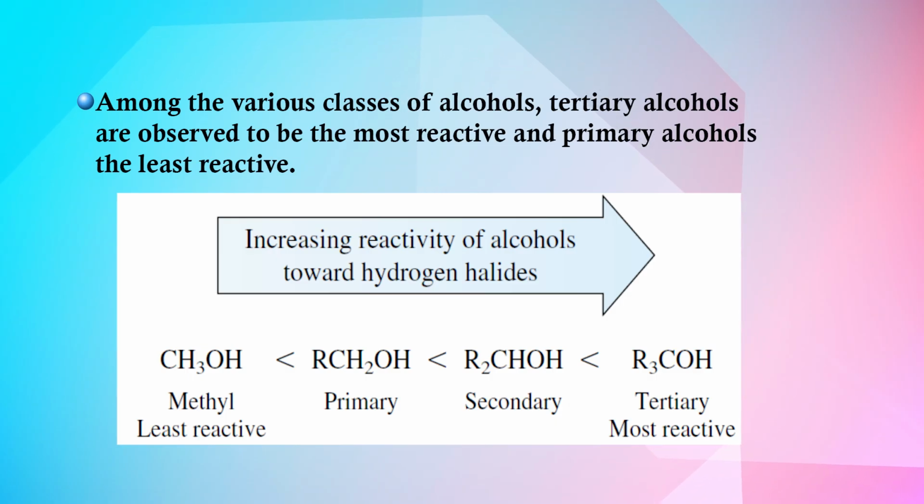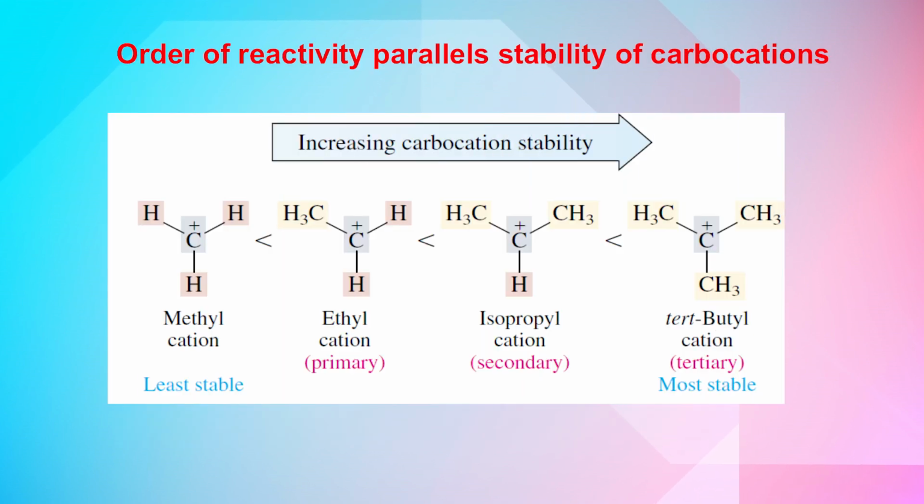carbocations are formed as intermediates, and we know that the order of reactivity parallels the stability of carbocations. We also know that the tertiary carbocation is most stable, followed by secondary, followed by primary, and the methyl carbocation is least stable among them.